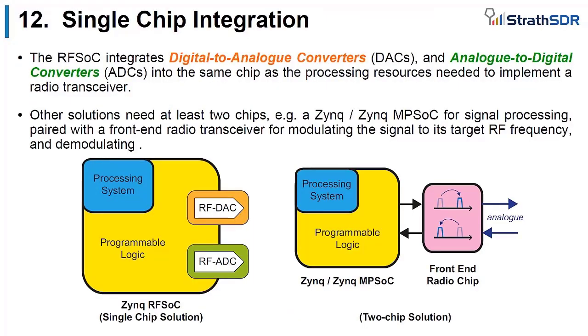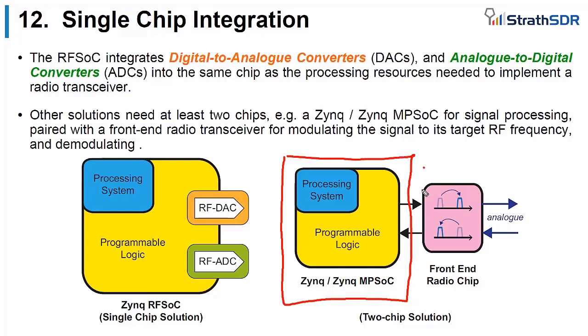And remember, the RFSoC is an FPGA, and it's an FPGA with RF DACs and RF ADCs integrated onto the same piece of silicon. If you consider what else is in the market, you can get a classic Zynq MPSoC device and connect that externally to front-end radio chips, ADCs and DACs.